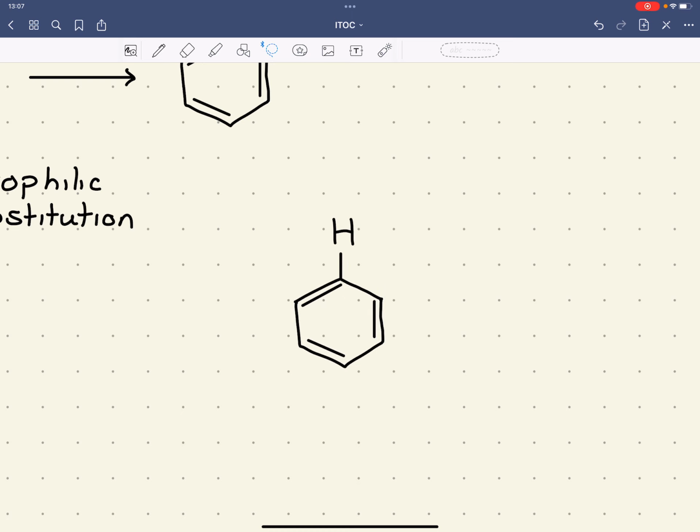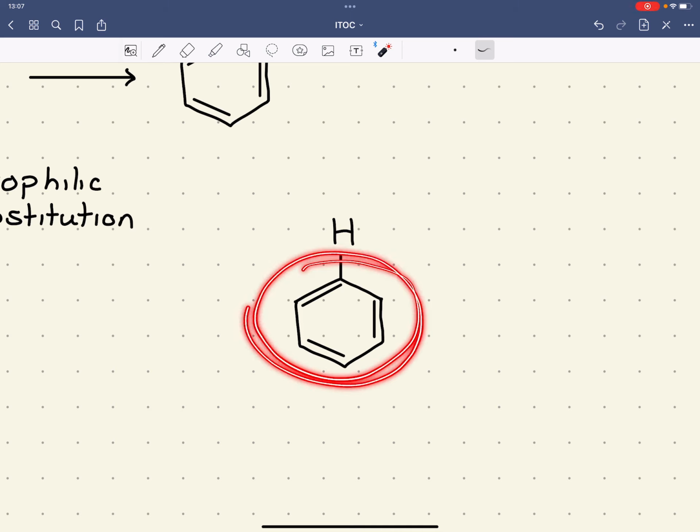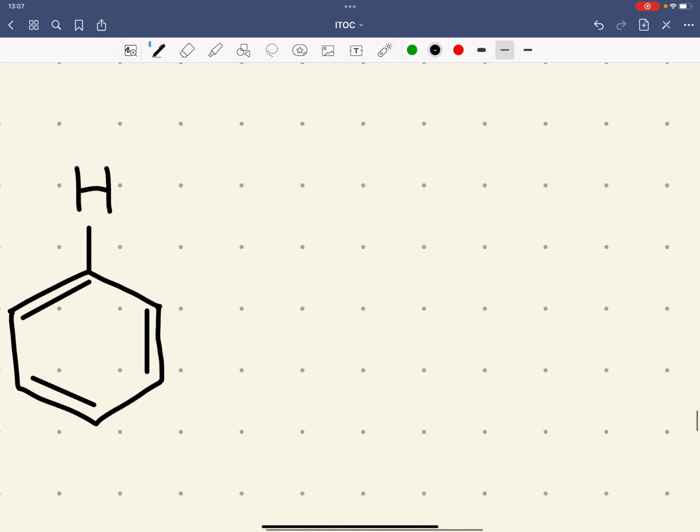What we've got here is the benzene ring, and again, if you want to know about the chemistry of benzene, look at my video on the structure of benzene. This has got relatively stable delocalized electrons, delocalized stability. So it's going to want to react in order to retain this stability, and it's going to react with an electrophile, and electrophiles are electron deficient species.